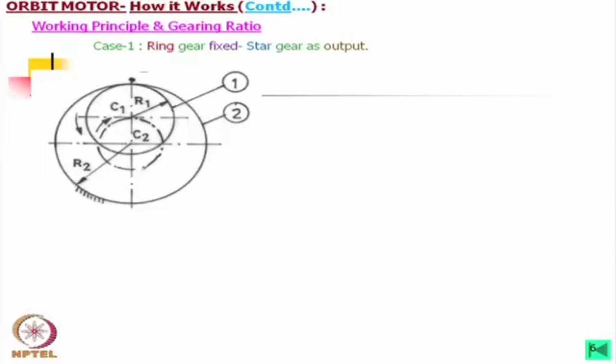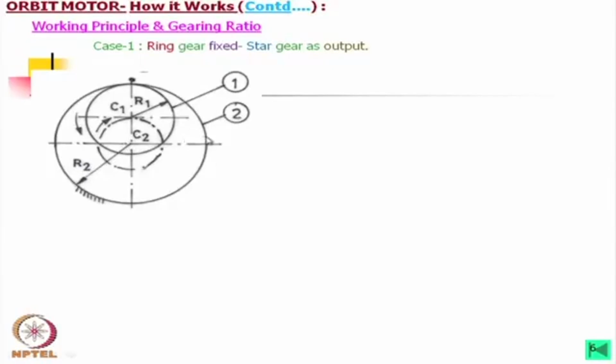You may even consider them the pitch circle, pitch drum of these two gears. So, this means that whatever motion we achieve from these gears can be shown by two friction discs.